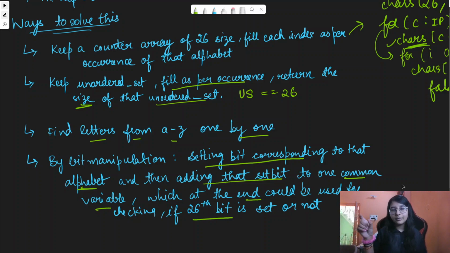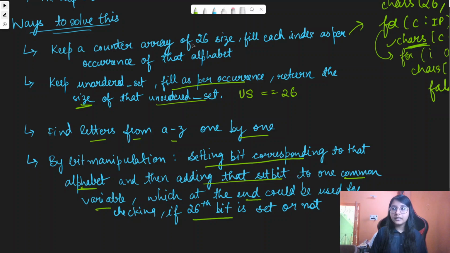That's why in this particular question also I'm trying to solve it in several ways, because we already know that bit manipulation is also used a lot of times, and it saves our time complexity as well as space complexity, right? So that's the reason I tried to solve with all these methods.